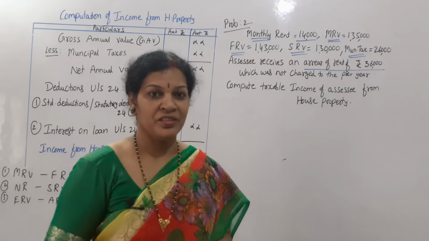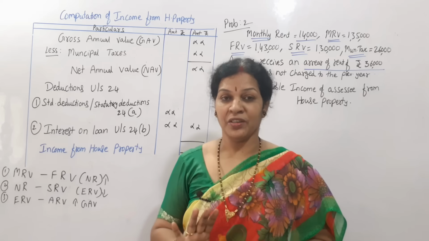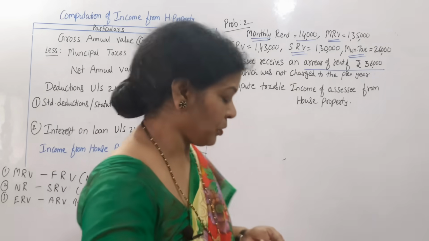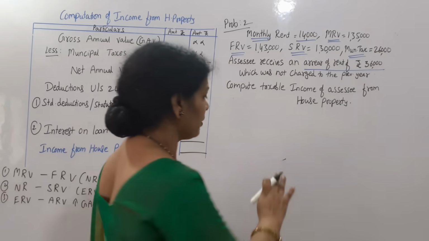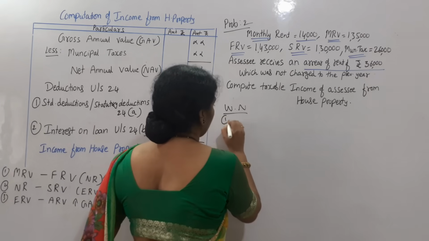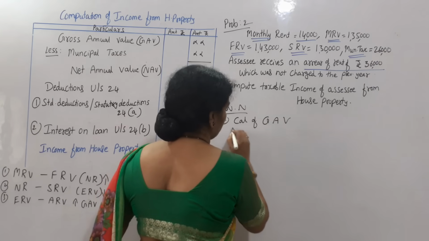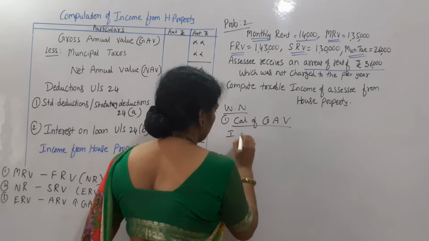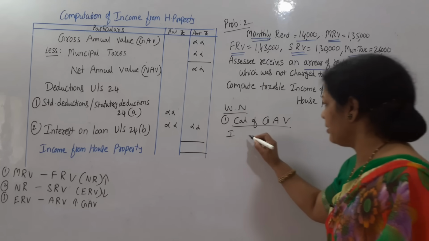First of all, what is needed? Gross annual value, right? So how do we calculate this gross annual value? It must always be in the working notes. Okay. So I am showing in the working notes the calculation of gross annual value, GAV. Step number 1, what do we do? MRV and FRV.